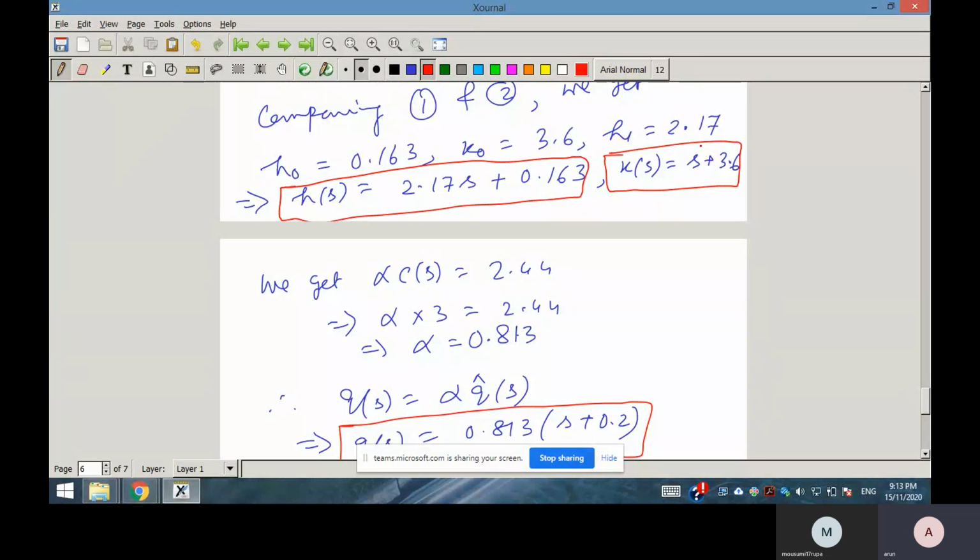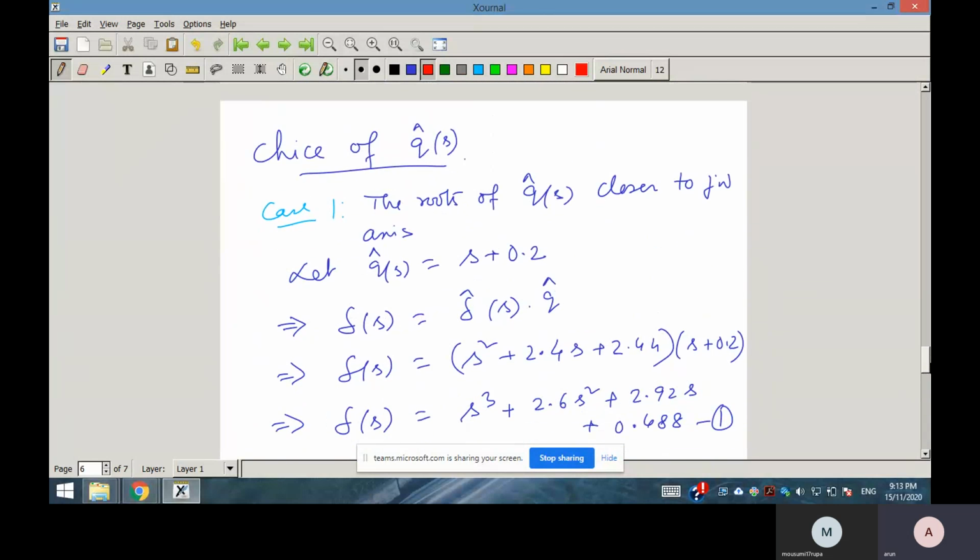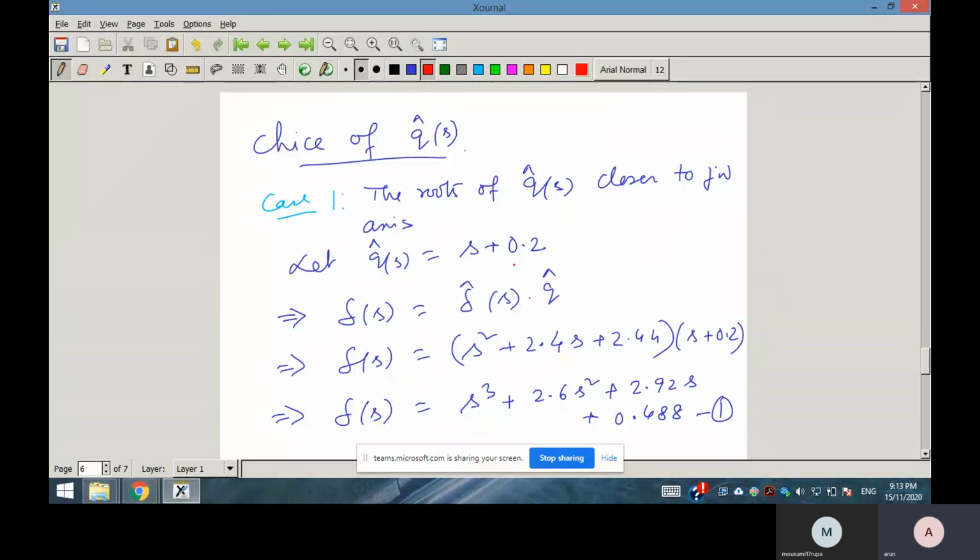Now the question is, one choice I have made, but I do not know whether with this choice the loop transfer function will look proper, whether the disturbance attenuation or noise attenuation will be proper or not.